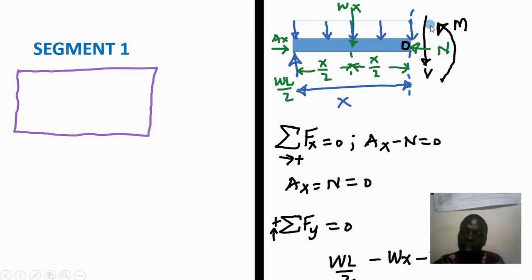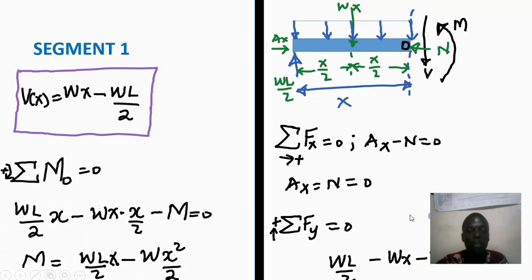If we indicate it vertically downwards, then this moment M is meant to counteract the effects of this shear force, and therefore it is going to act in the anti-clockwise direction. Now, if we sum the forces in the y direction, we have WL out of 2, minus Wx, since it is pointing vertically downwards, and minus the shear force V, since it is also pointing vertically downwards.